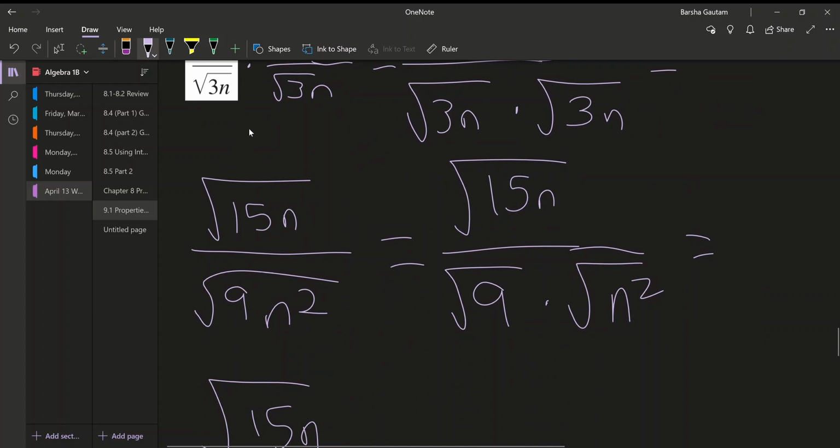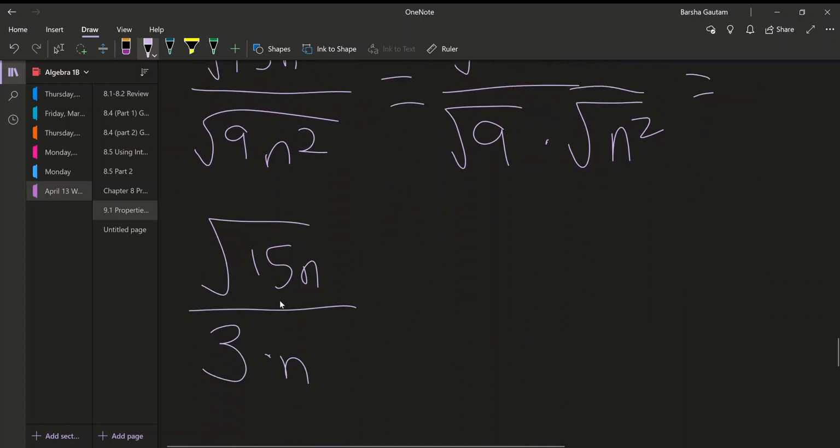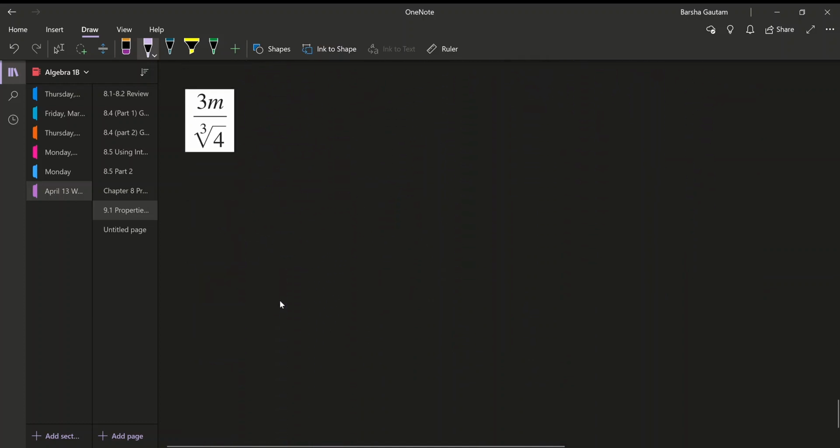However, this method will not work in all cases. If you have something like this, it's going to be a little different. So we are going to be multiplying again, but this time we need to figure out how we can turn this 4 into a number that we can cube root.